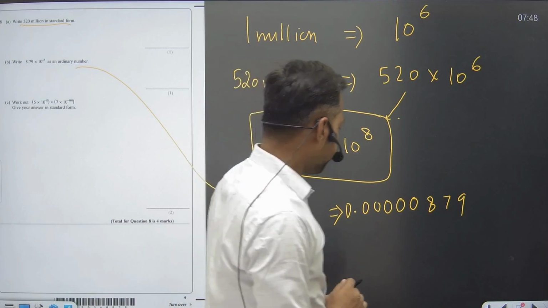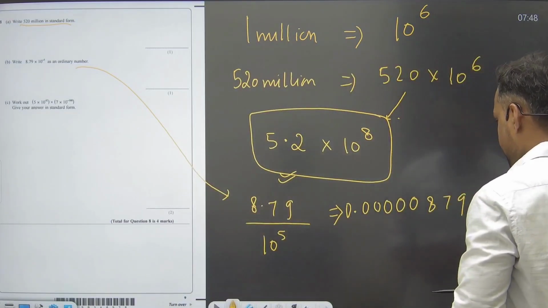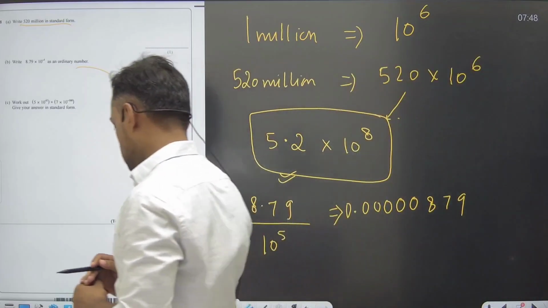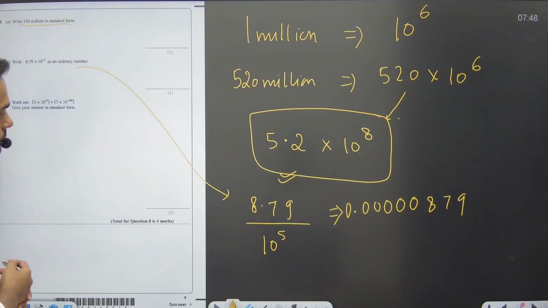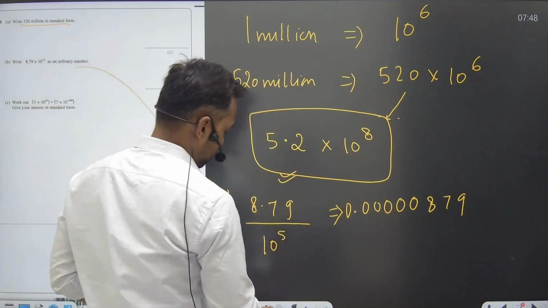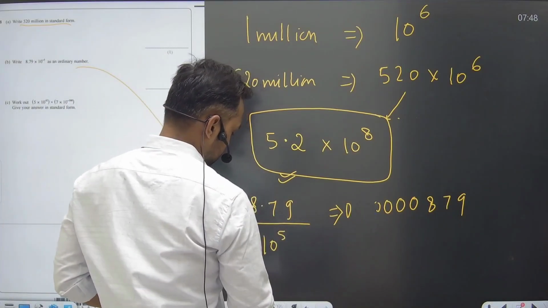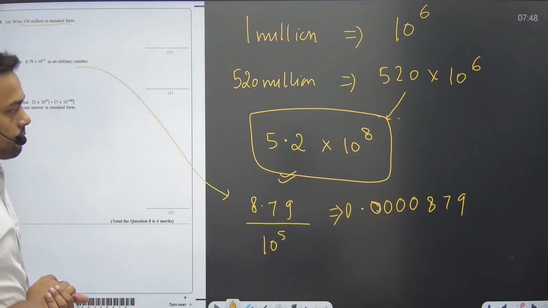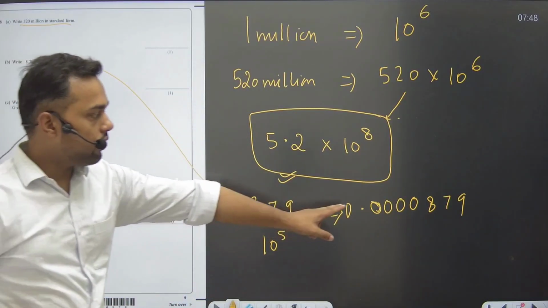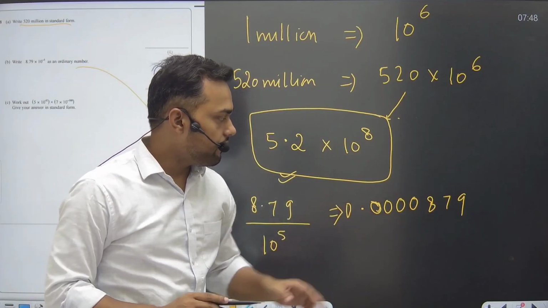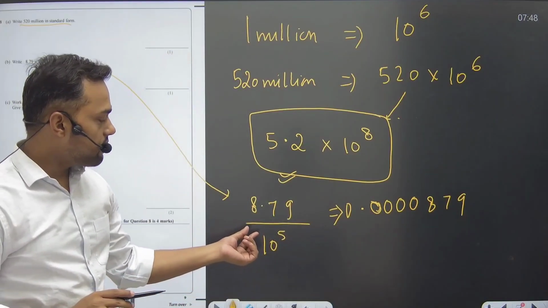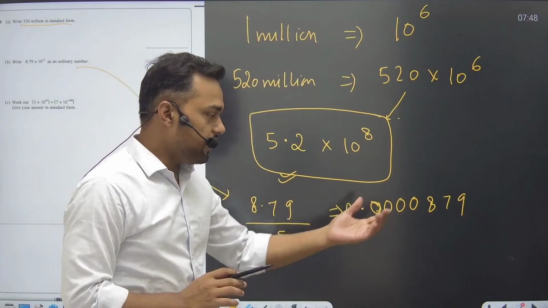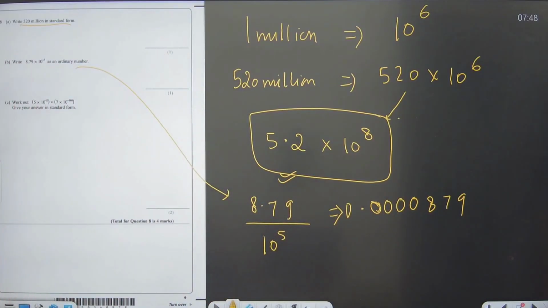Okay, it will be 0.0000879. You need to fix that many zeros before the significant figures, that is 879. Now let's come to the next question.